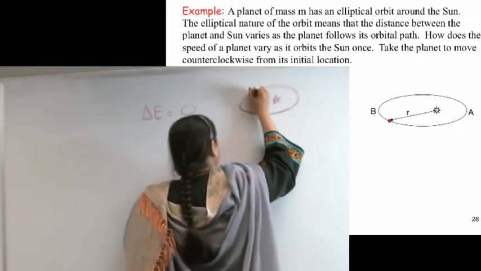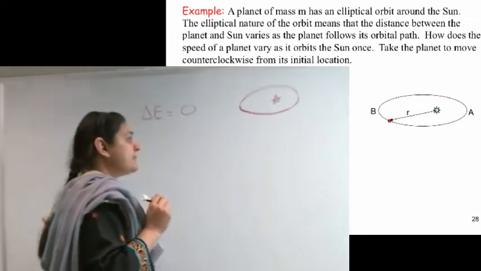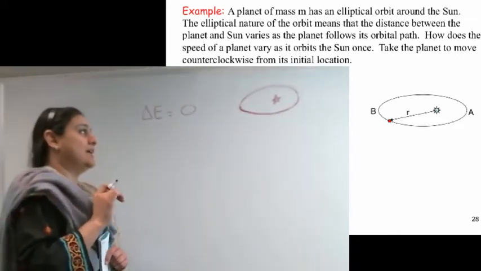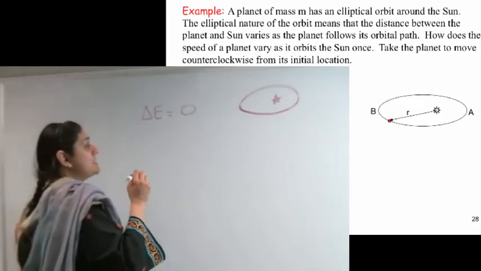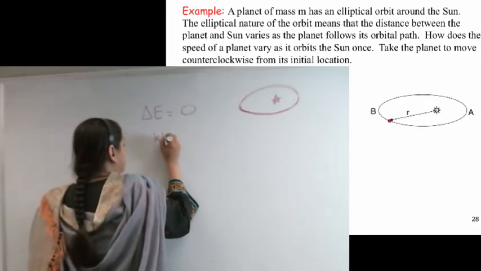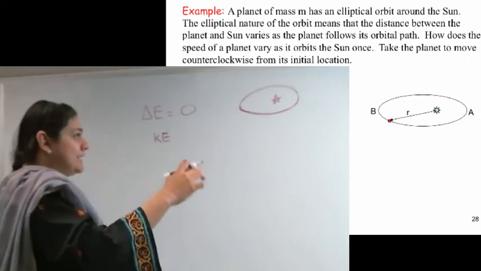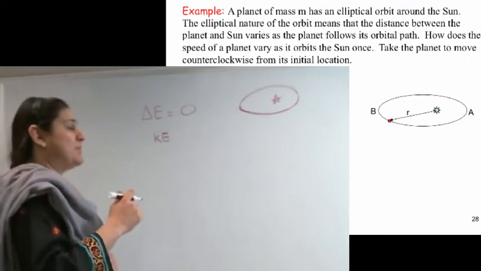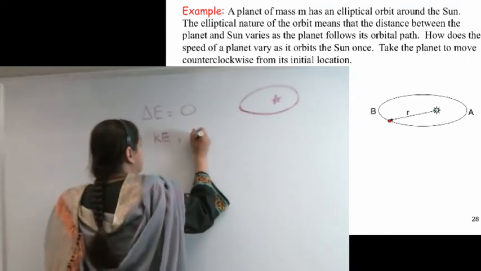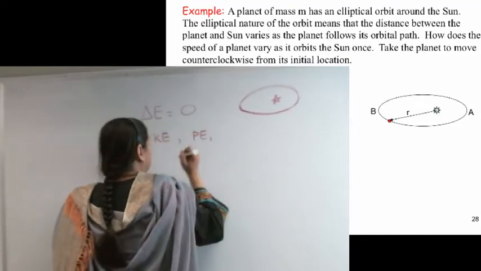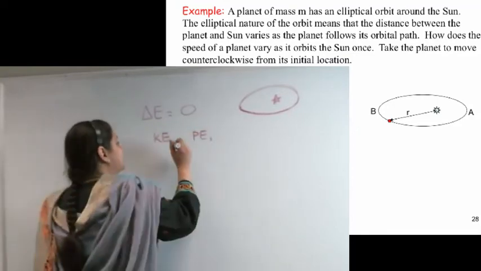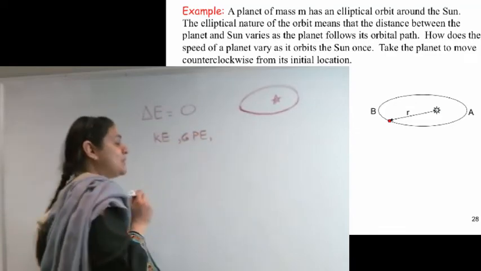So it's moving like this, it's going around and around and around. So what are all the energies involved? Well, one, it has kinetic energy, right? And that kinetic energy is what is causing this planet to move. And then it also has potential energy, which is gravitational potential energy, right?